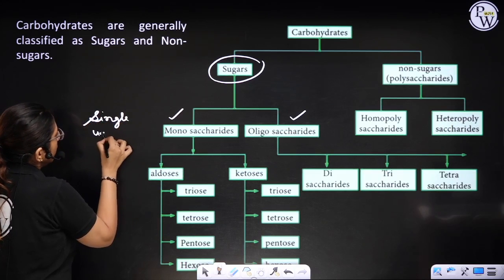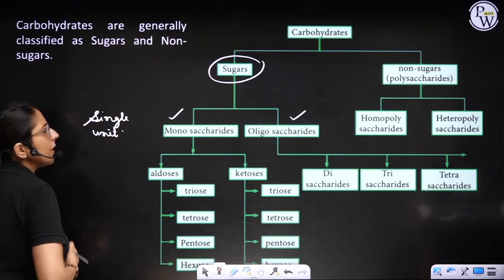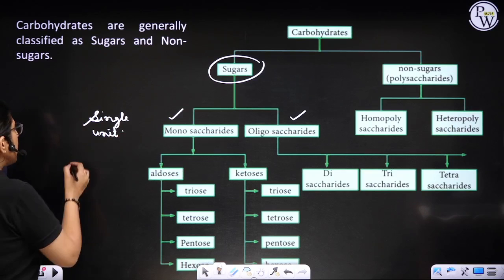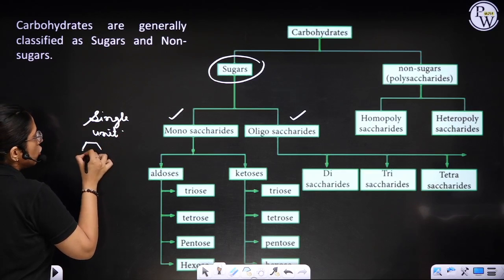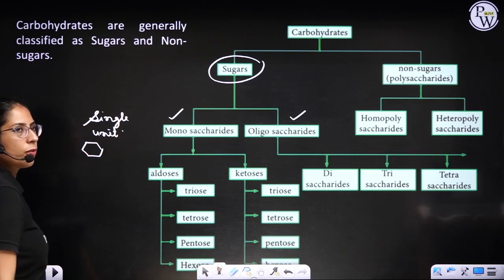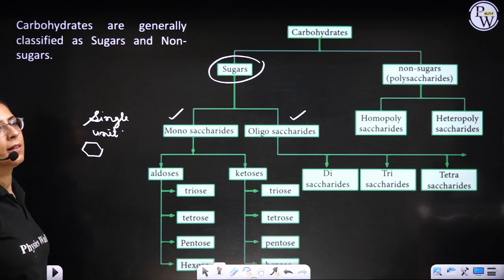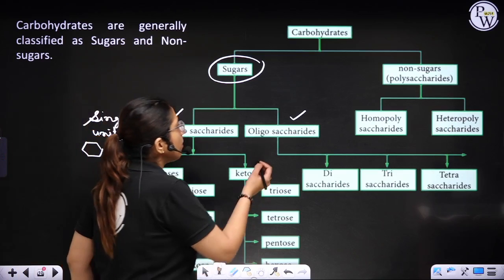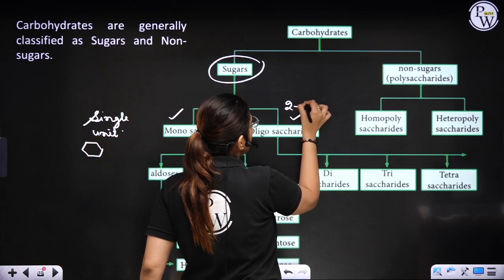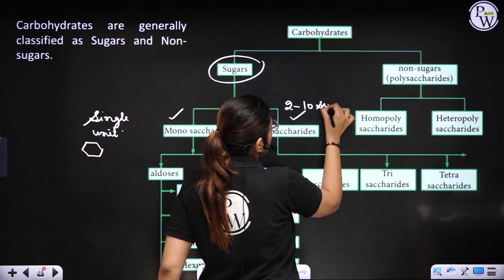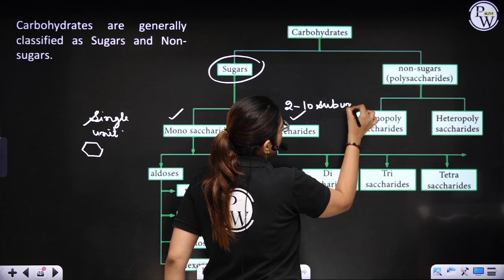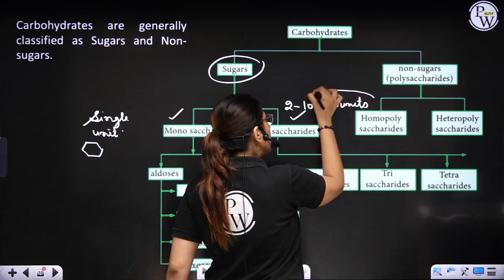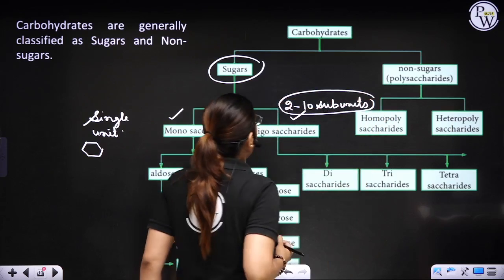For example, this is a structure of a glucose. If this is present singly, that is termed as the single sugar, the monosaccharide. When we talk about oligosaccharides, that means 2 to 10 subunits are present. If they are present, they will be termed as your oligosaccharides.